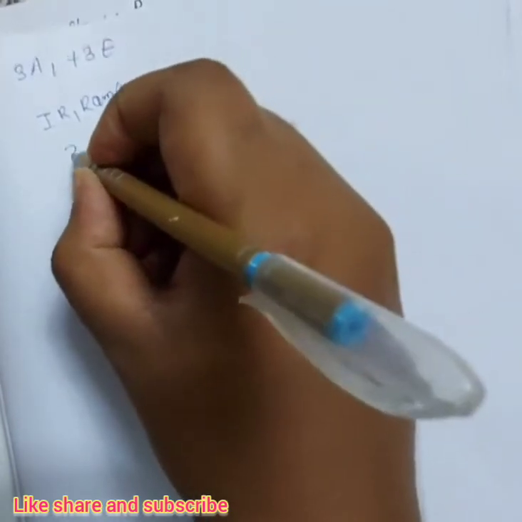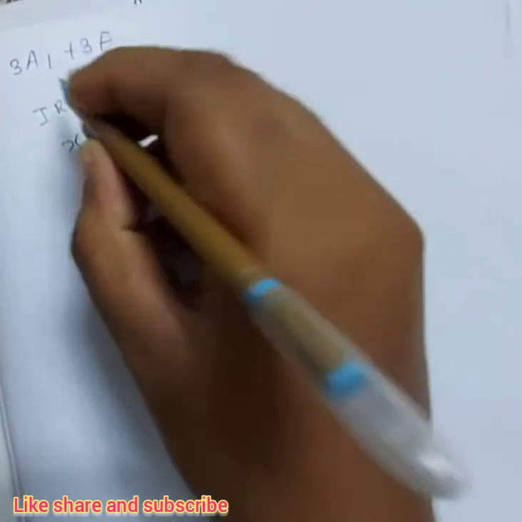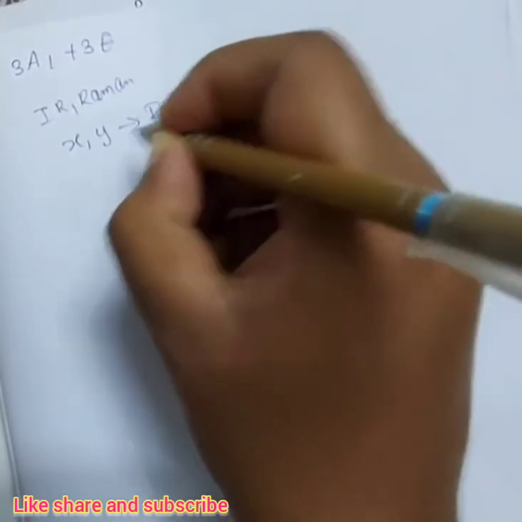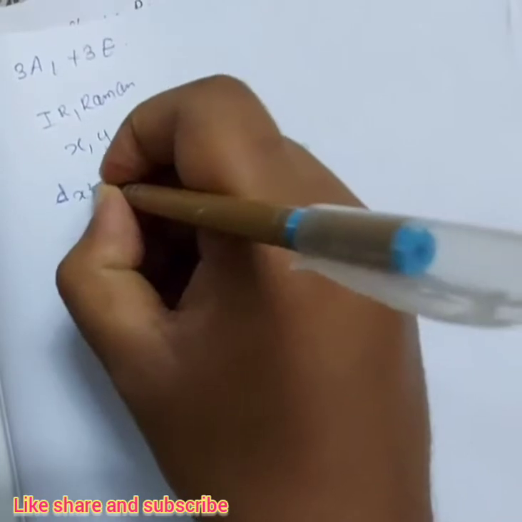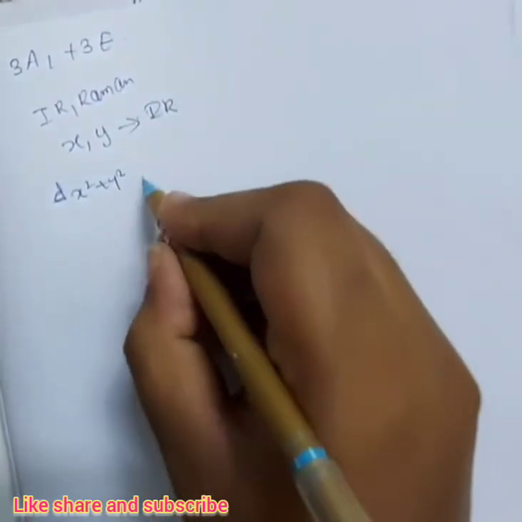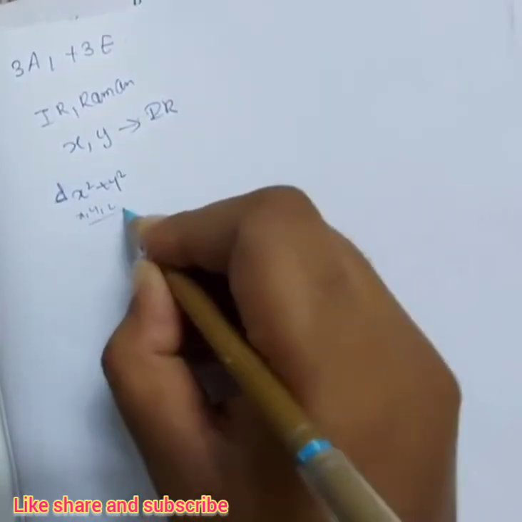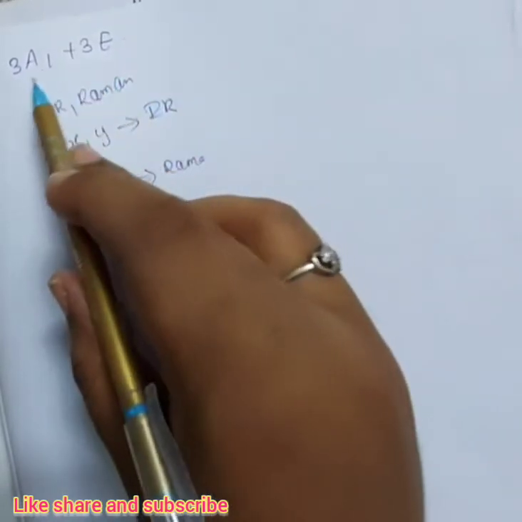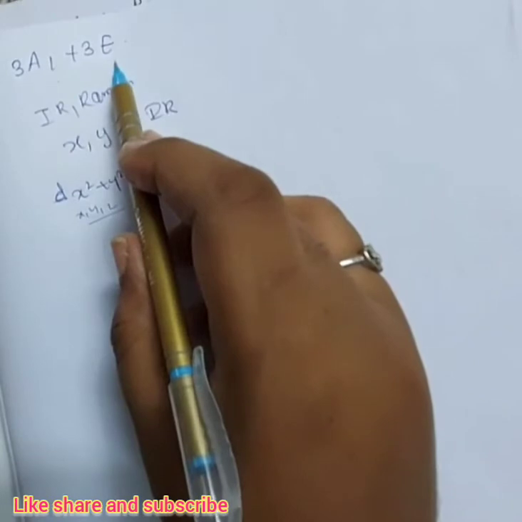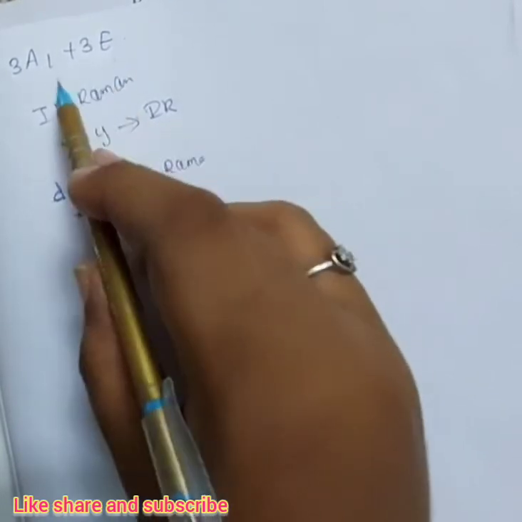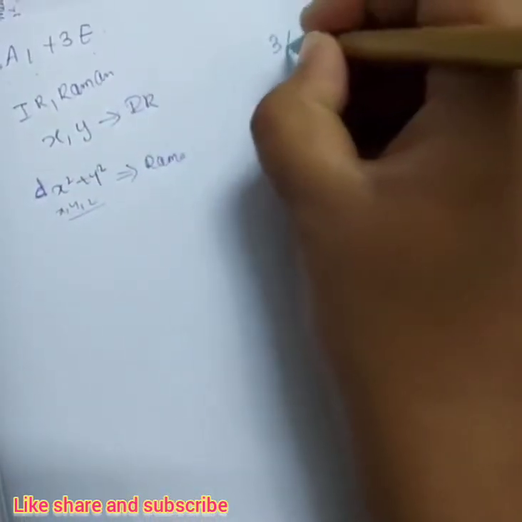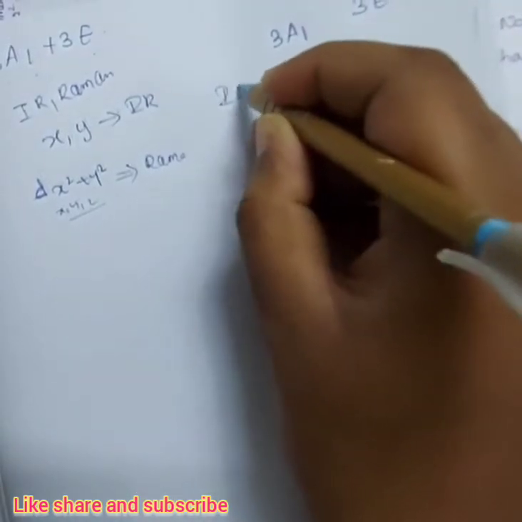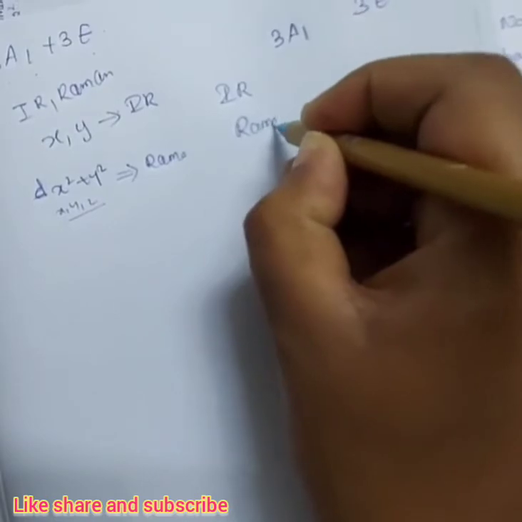That is, if there is X and Y present in the character table for this irreducible representation, then it is IR active, and if there is X square plus Y square, that is linear combination of the X, Y, Z orbitals, then it is Raman active. So we have to cross check this A1 and E irreducible representations with the character table. So we have 3A1 and 3E. Let's check whether it is IR and Raman active.